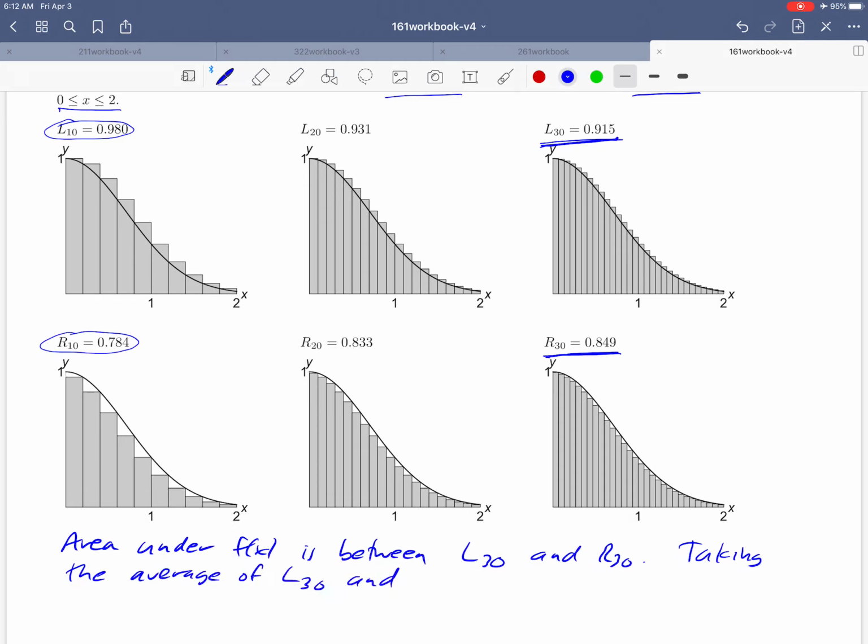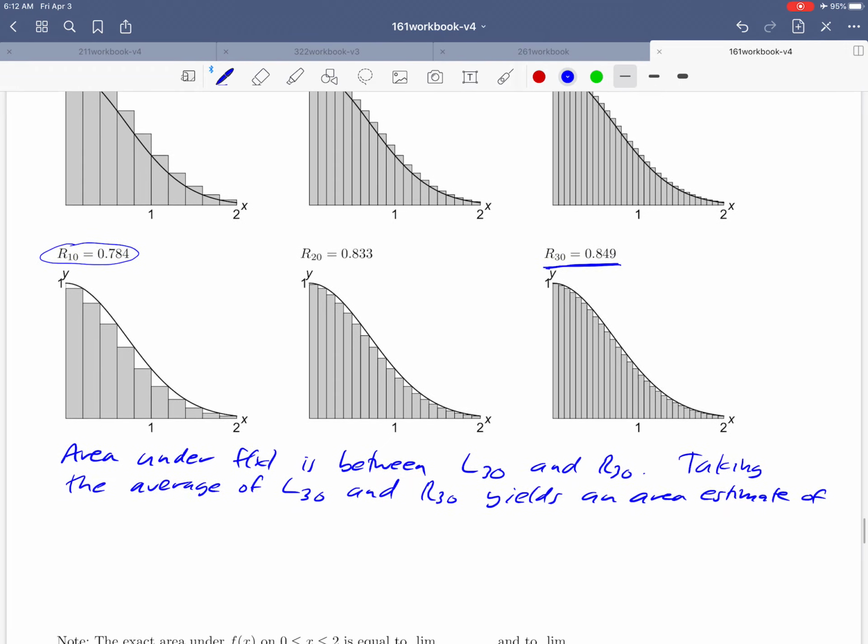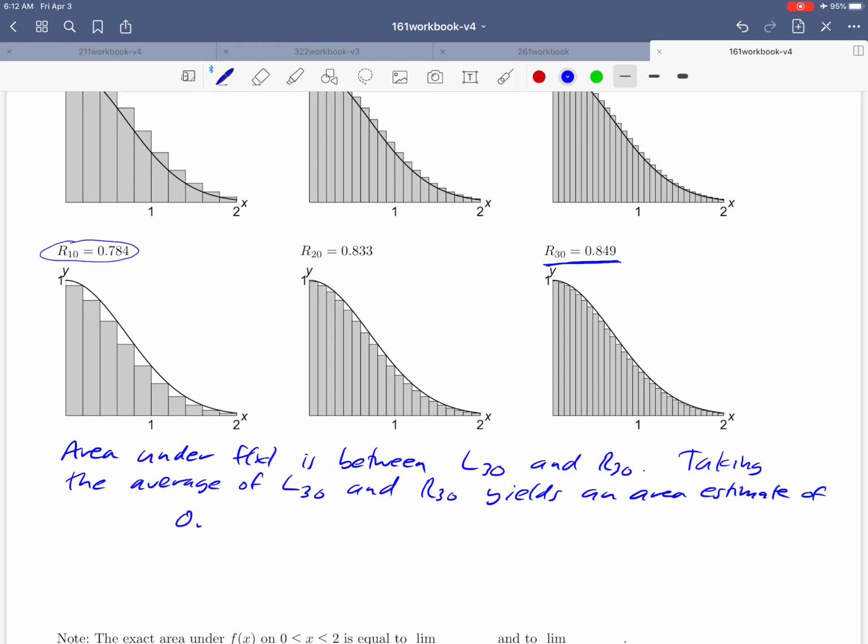So taking the average of L30 and R30 yields an area estimate of 0.849 plus 0.915 over 2. Okay, and you can calculate that out and notice that you're going to come up with 0.882. So that number is probably the most accurate area estimate that we can get based on the data that we have above.